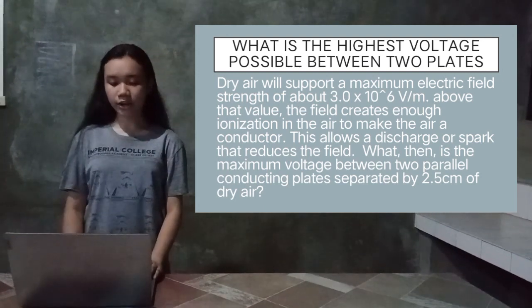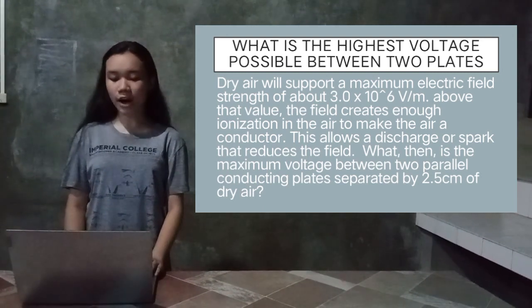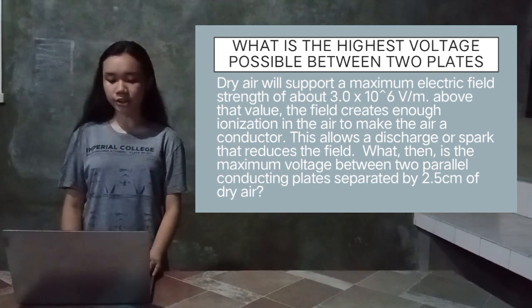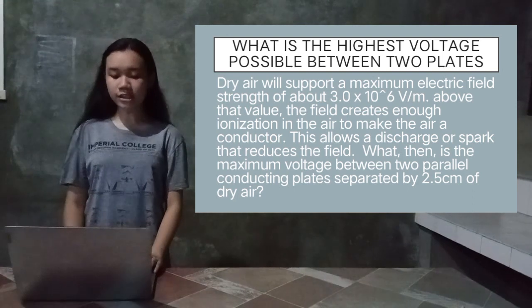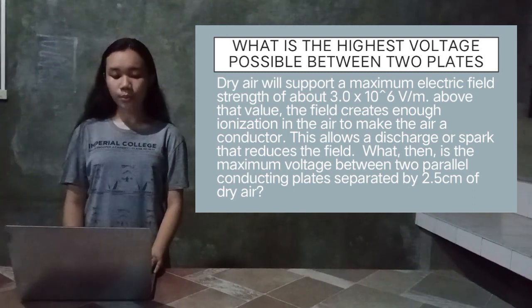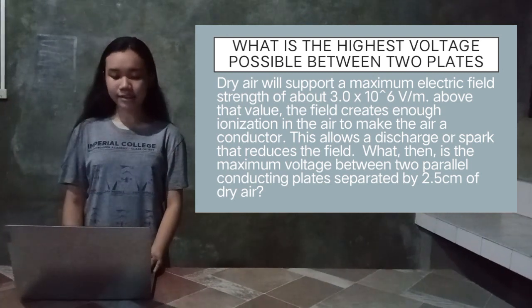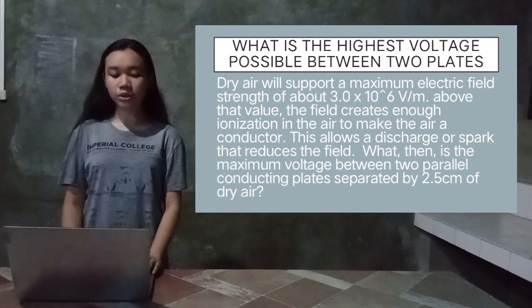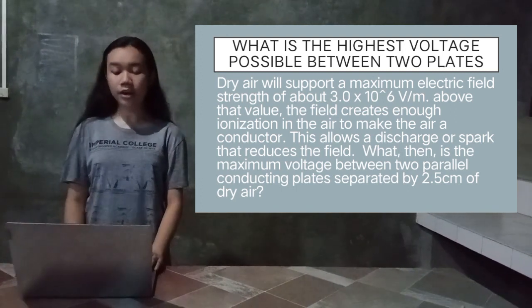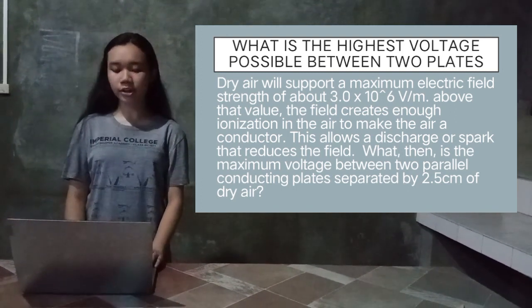Above that value, the field creates enough ionization in the air to make the air a conductor. This allows a discharge or spark that reduces the field. What, then, is the maximum voltage between two parallel conducting plates separated by 2.5 centimeters of dry air?